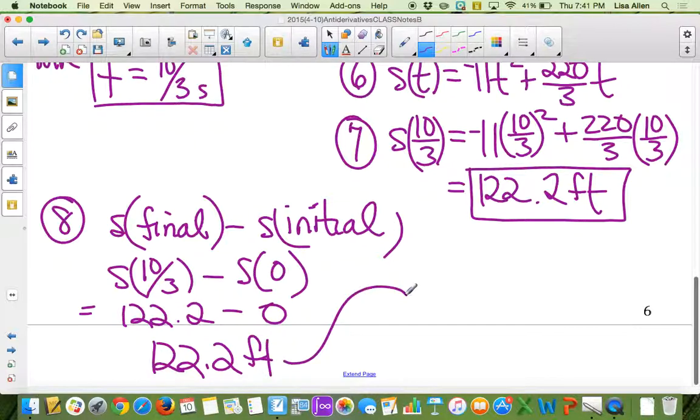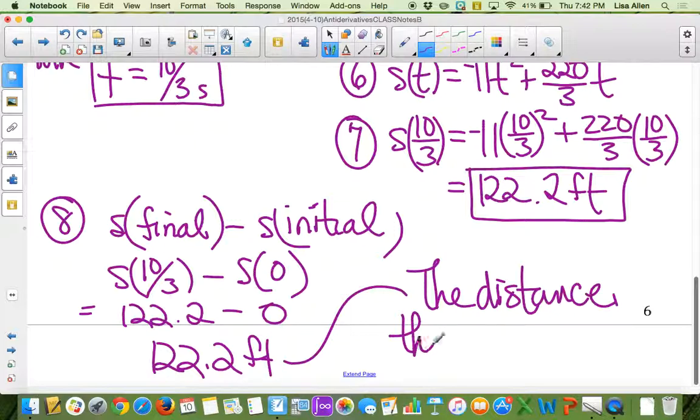This is the distance. This is the distance the car traveled after the brakes were applied.